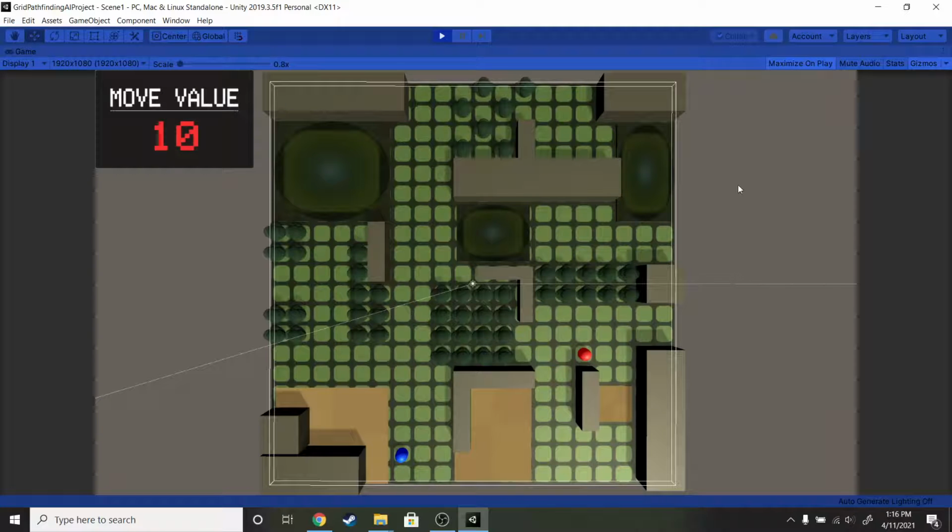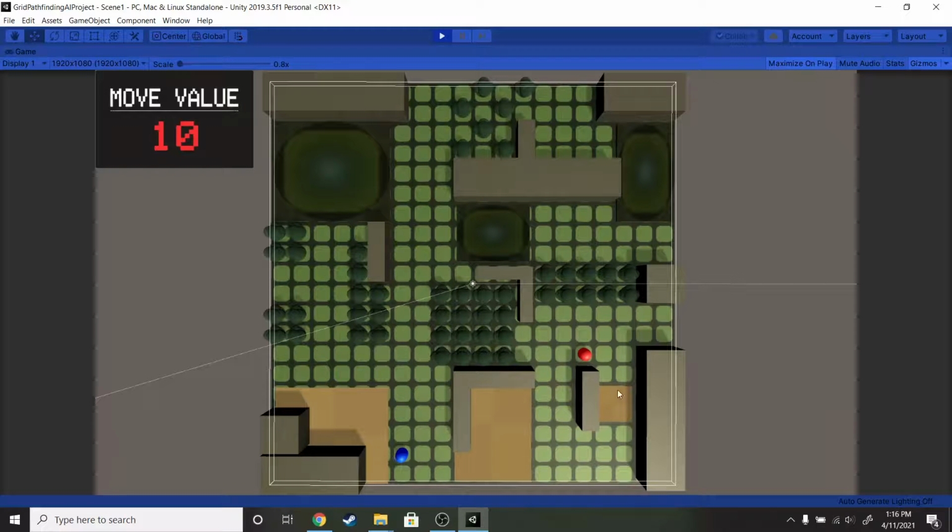So here we have a map full of tiles. We have obstacles, and we have different terrain types as well. These are swampy areas indicated by these pools, sandy areas indicated by these sandy-colored areas, and then we have forest areas indicated by these tree tiles.